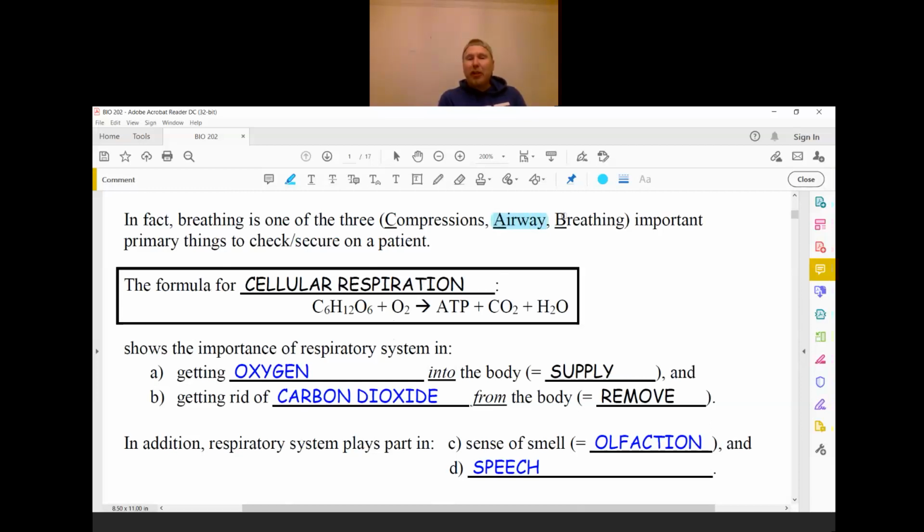We're checking for the airways. Is the airway clear? Is there a clear path for the air to enter the lungs? And we check, is the breathing happening? If there is a blockage of the airway, we try to clear that. And if there is no breathing happening, we might end up having to do rescue breaths, giving mouth-to-mouth resuscitation.